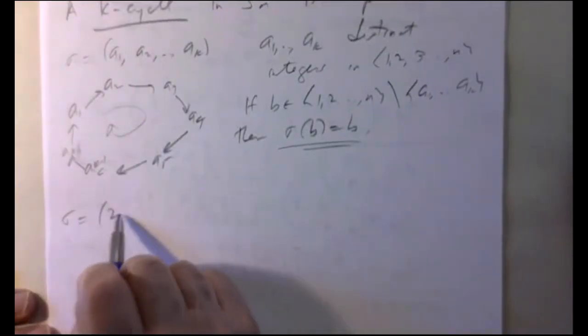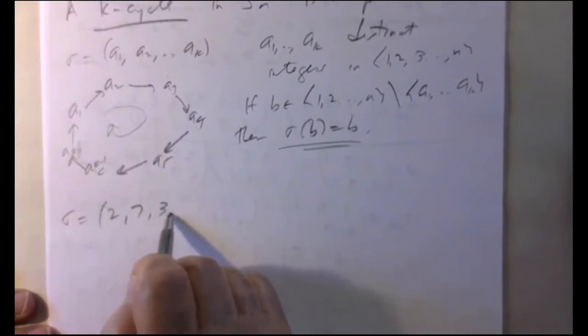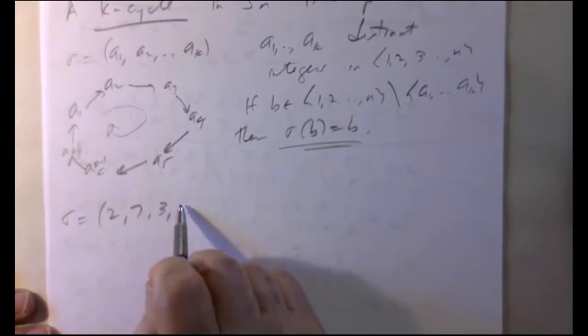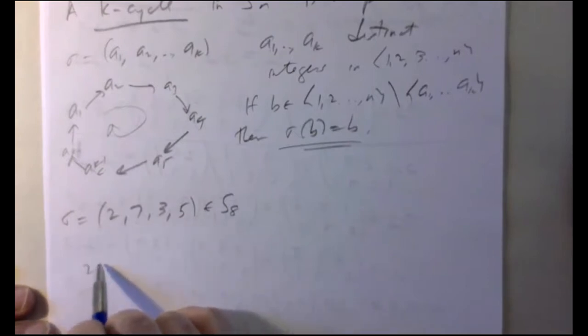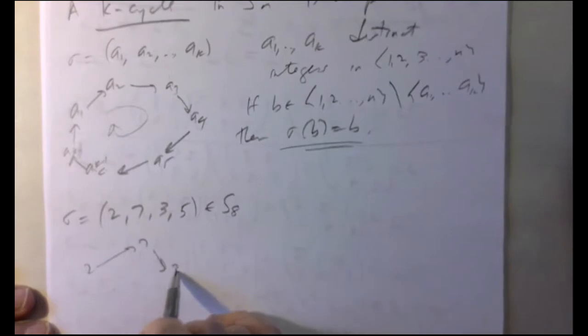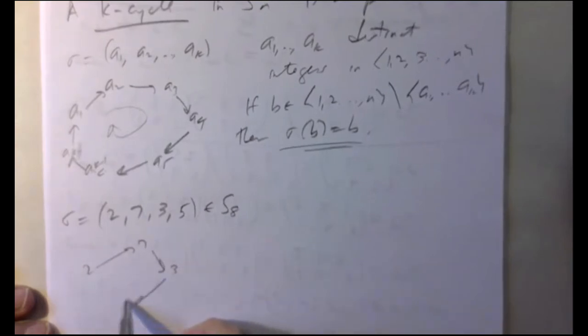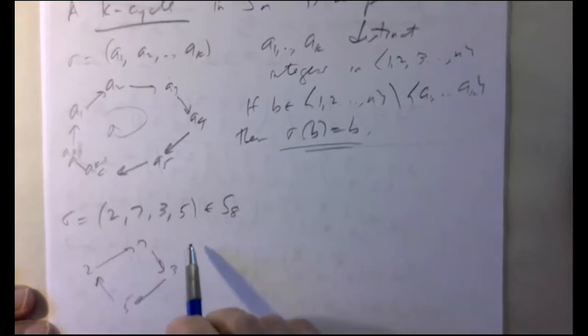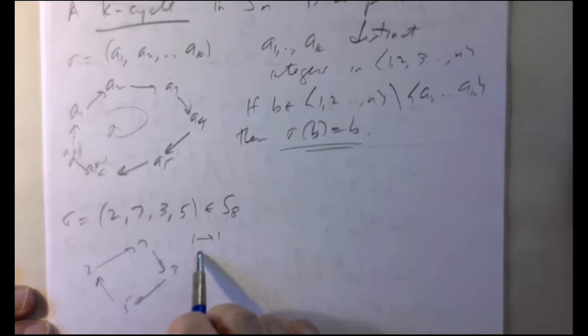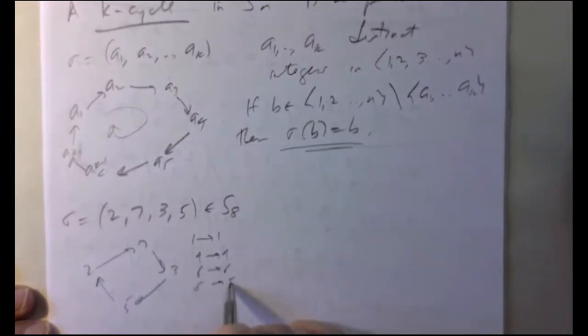So for example, suppose you had sigma equal to the cycle 2, 7, 3, 5 in S8. So this is a permutation which sends 2 to 7, 7 to 3, 3 to 5, and 5 back to 2, and everything else isn't moved. 1 goes to 1, 4 goes to 4, 6 goes to 6, 8 goes to 8.